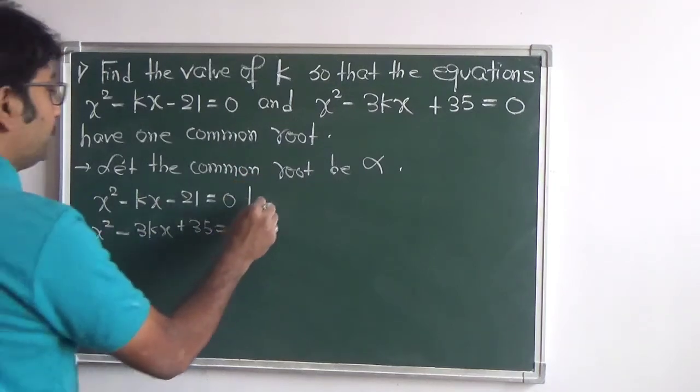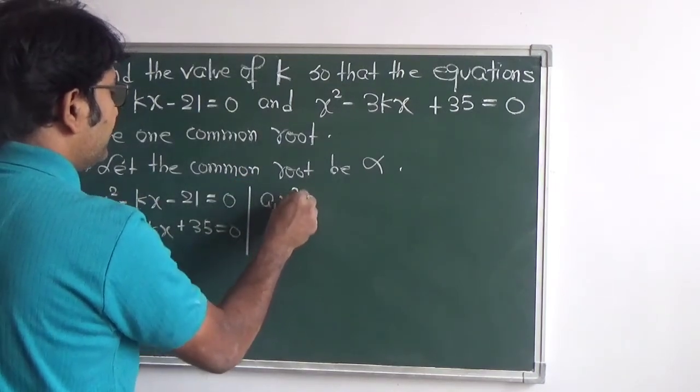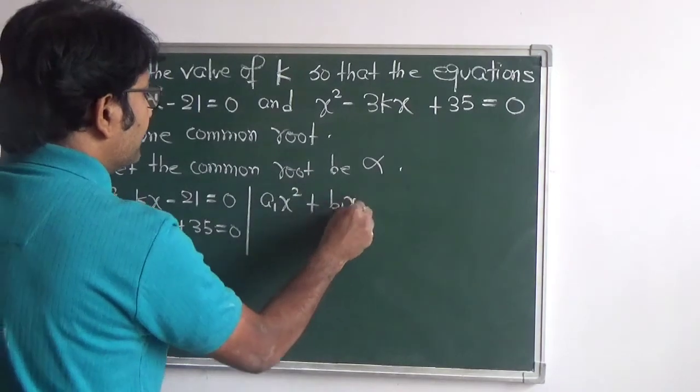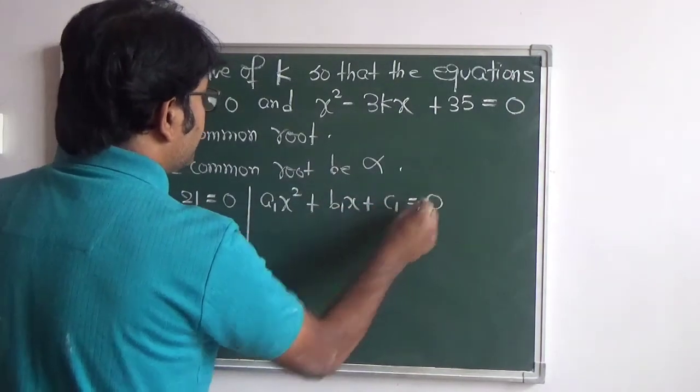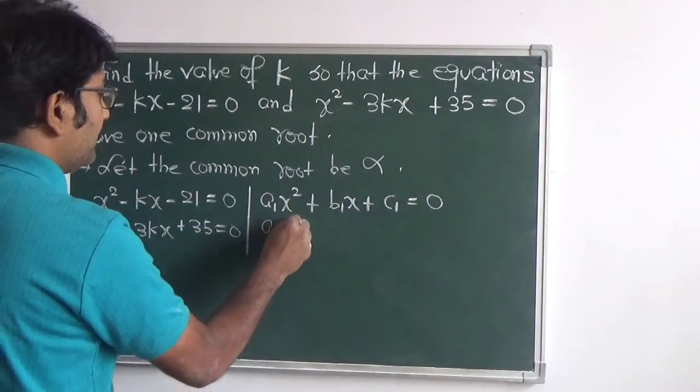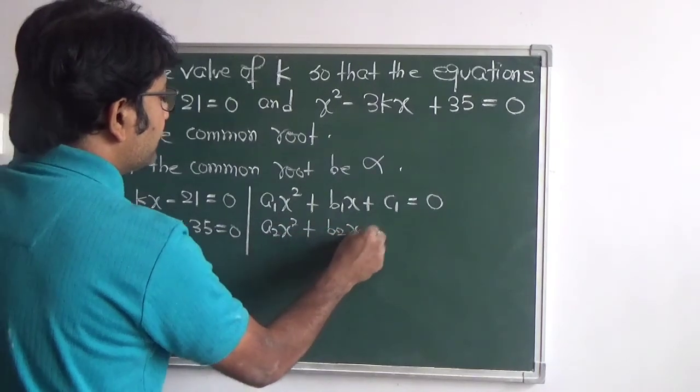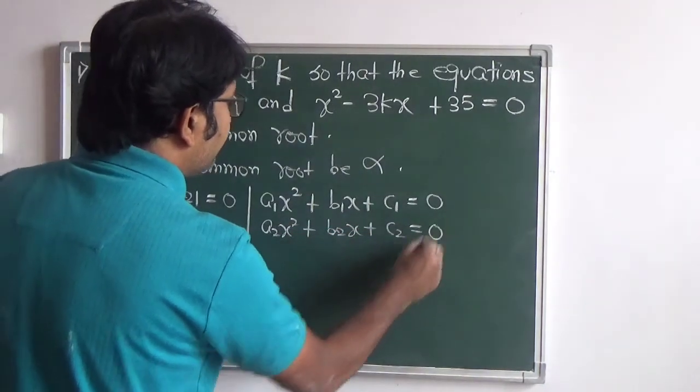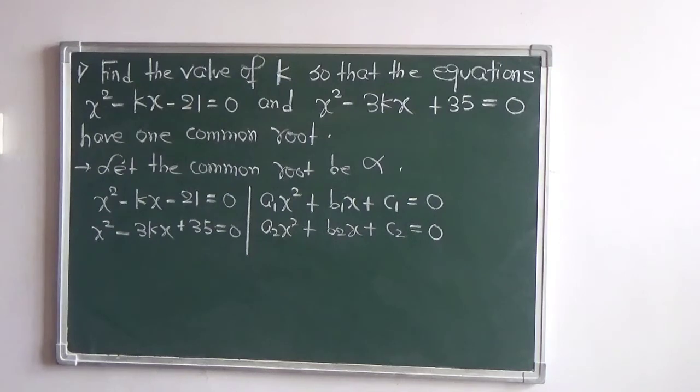Let us write the general equations here by the side: a1x square plus b1x plus c1 equals 0, and a2x square plus b2x plus c2 equals 0. Now compare. What is the condition for one root to be common?